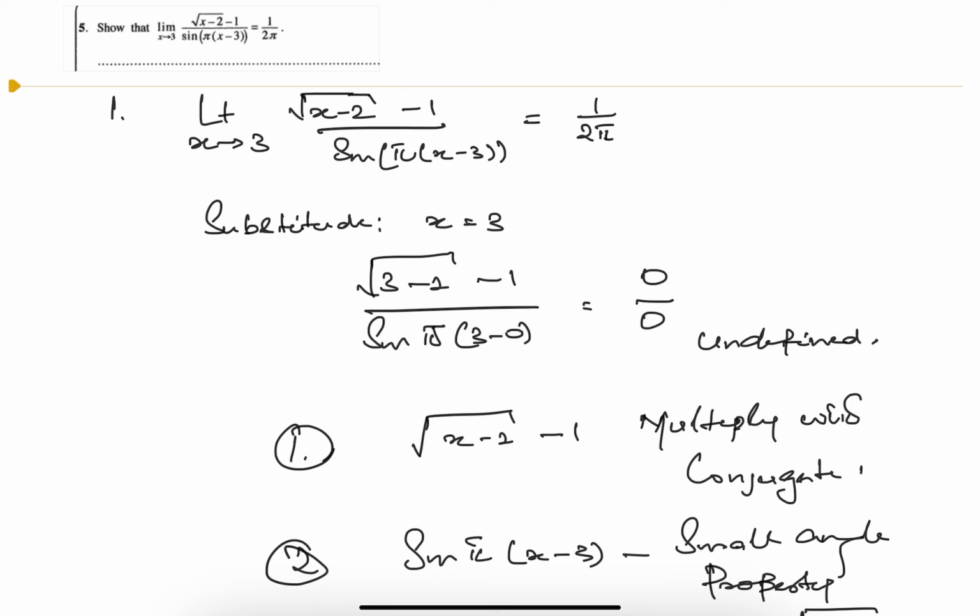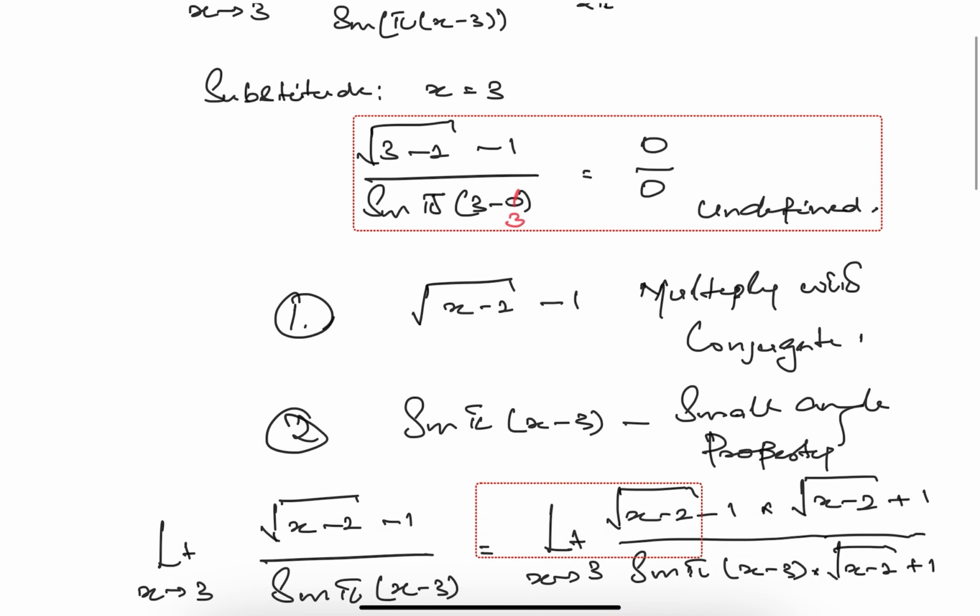And sine of pi times (3 minus 3), 3 minus 3 is 0. So 0 over 0, an undefined result.